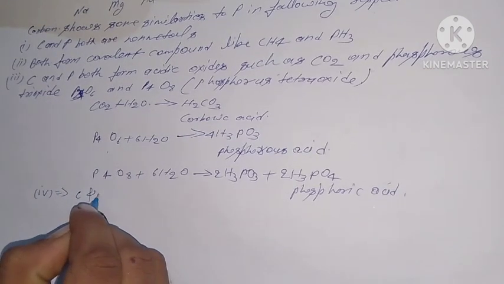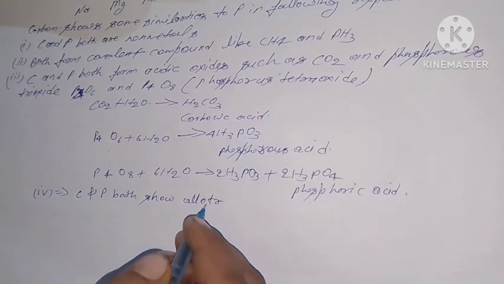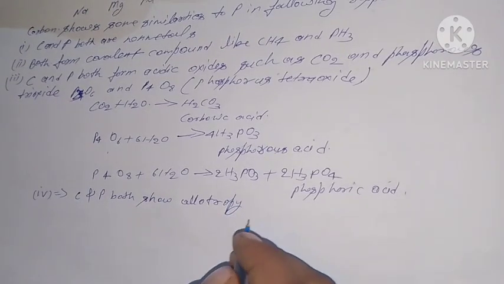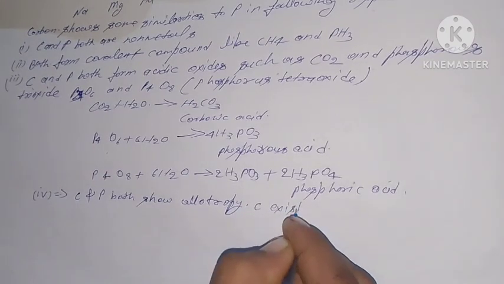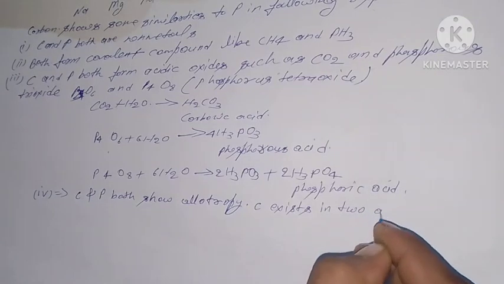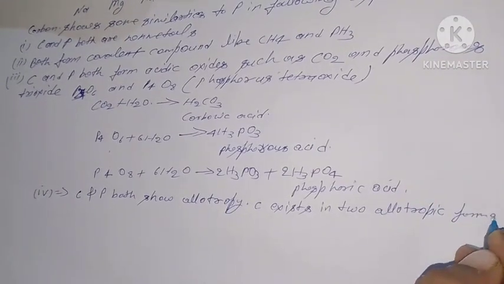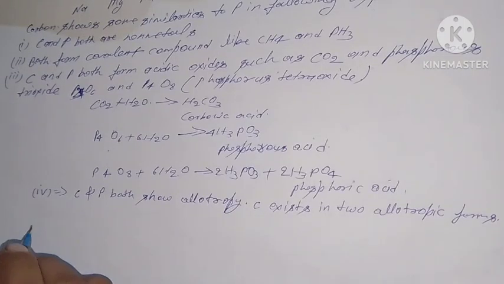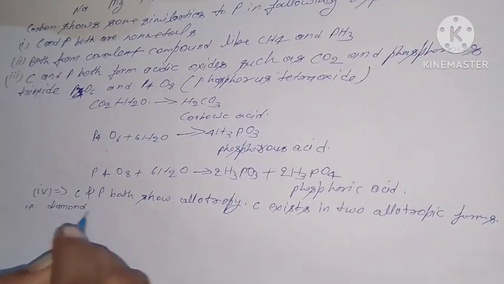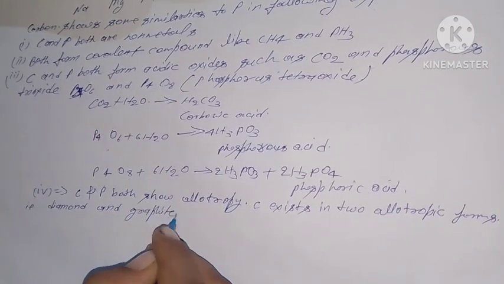Carbon exists in two allotropic forms, diamond and graphite.